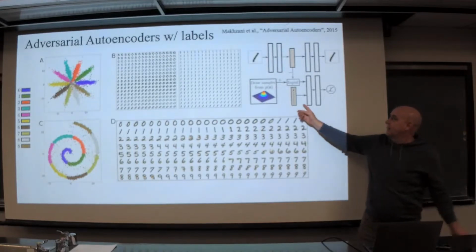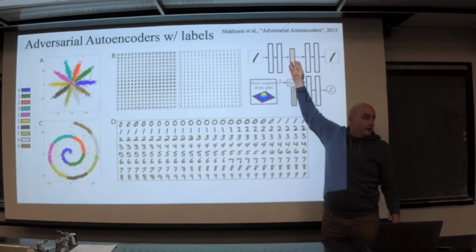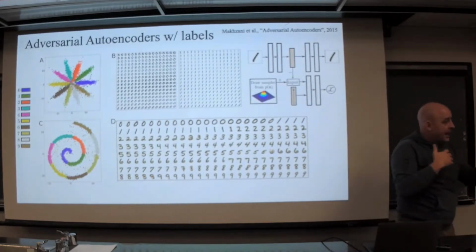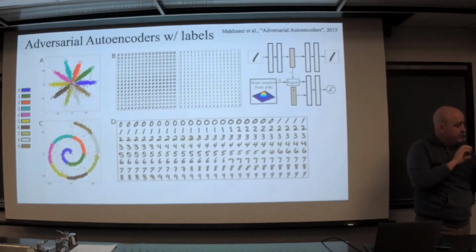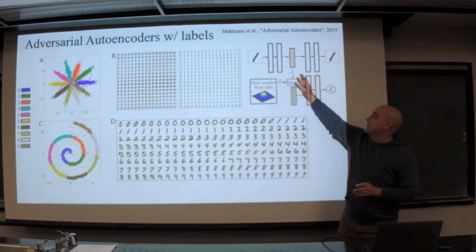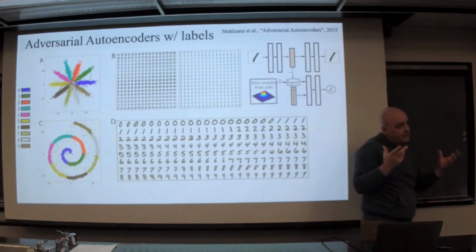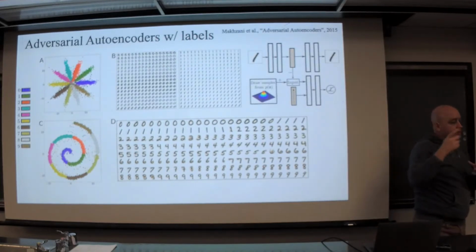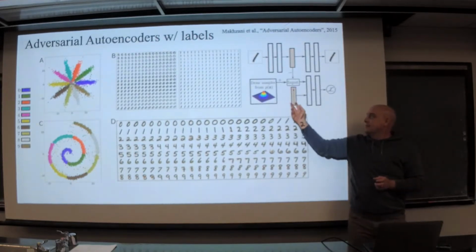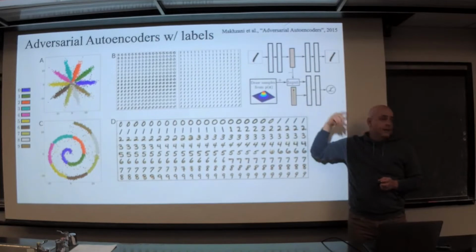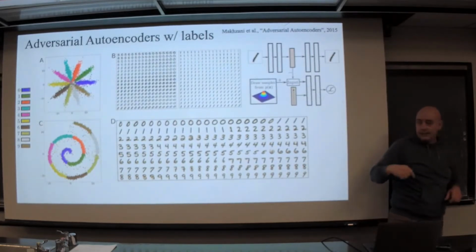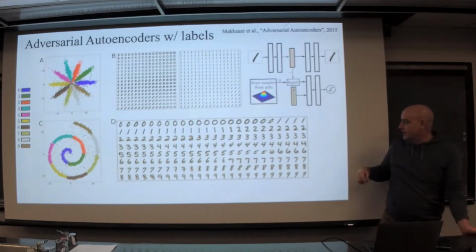So again, content and style. By adding that information in there, it allows this latent space to only focus on style, and then uses these features right here to decide which content.